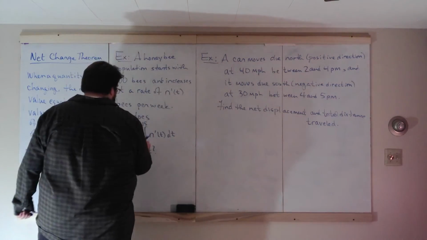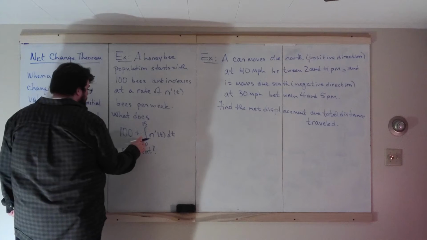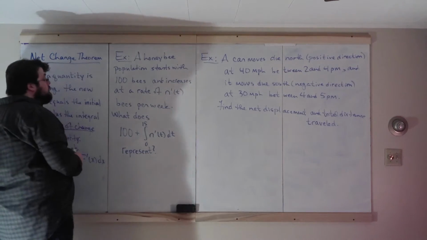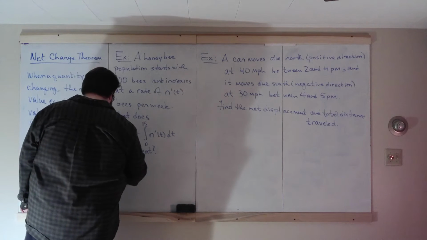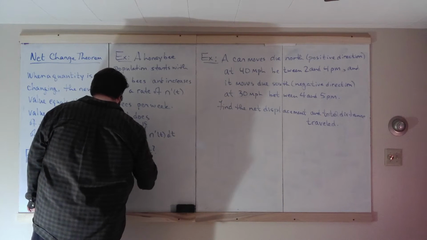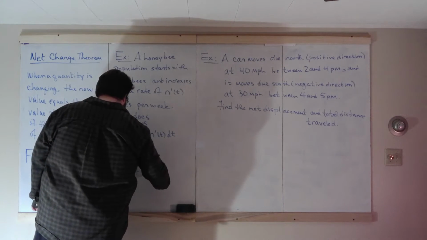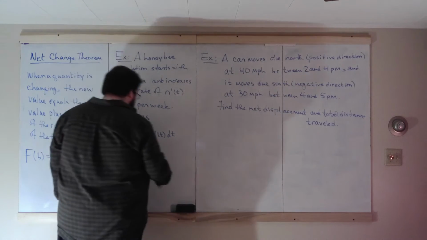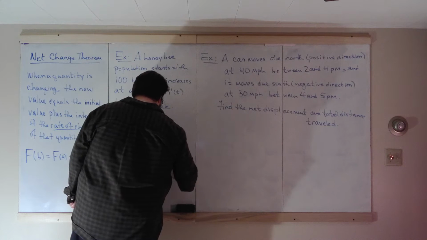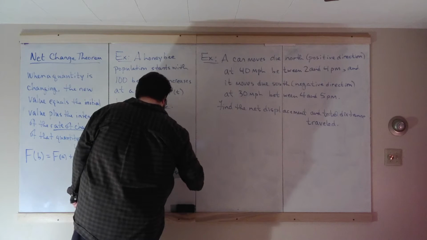After we're integrating from 0 to 15, what are our units? Per week. So this represents the number of honeybees in the population after 15 weeks.